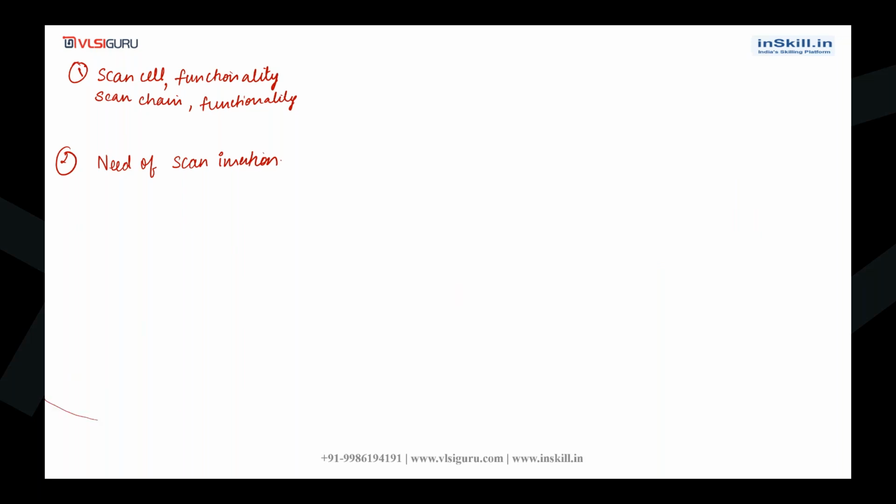And next, what is scan insertion basically? Normal flops will be converted to scan flops and then scan chains will be stitched. If a normal flop has to be converted to a scan flop, it has to pass certain rules.